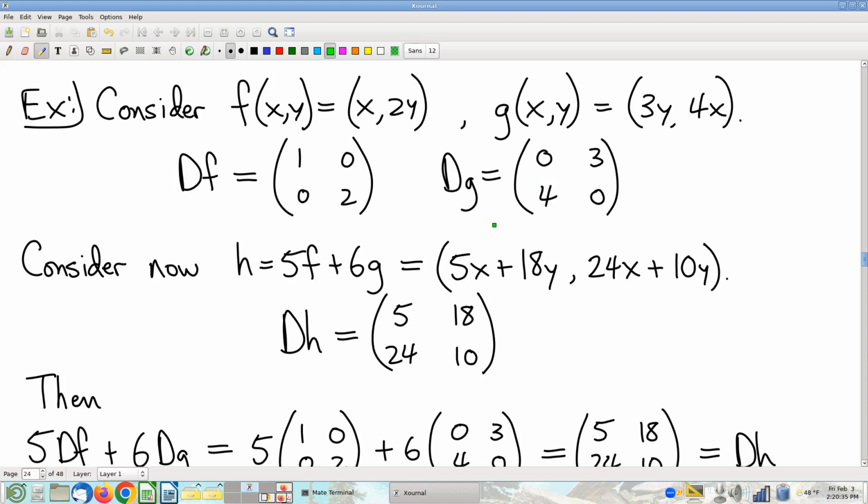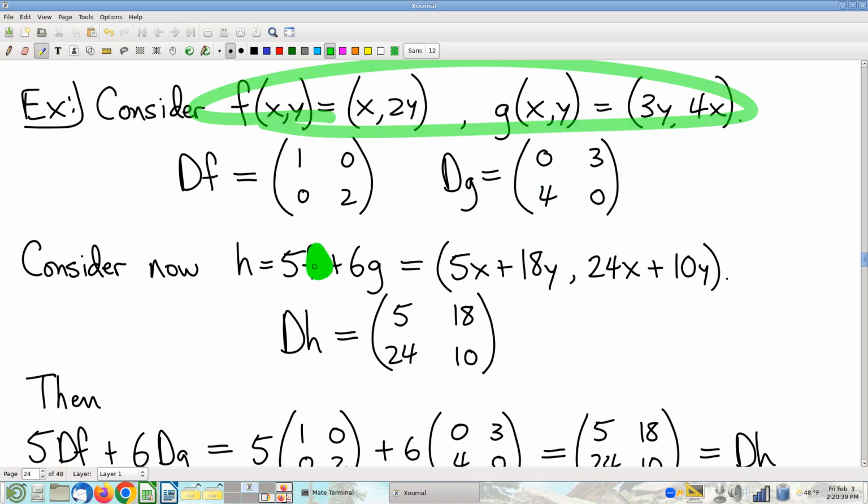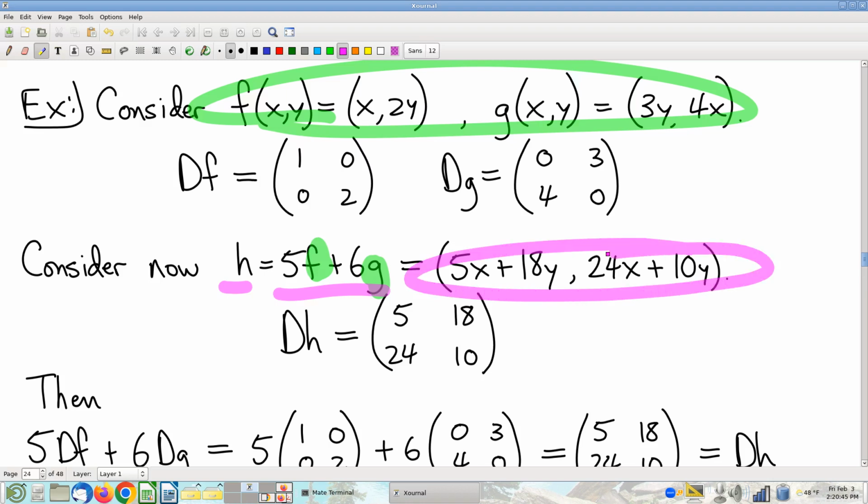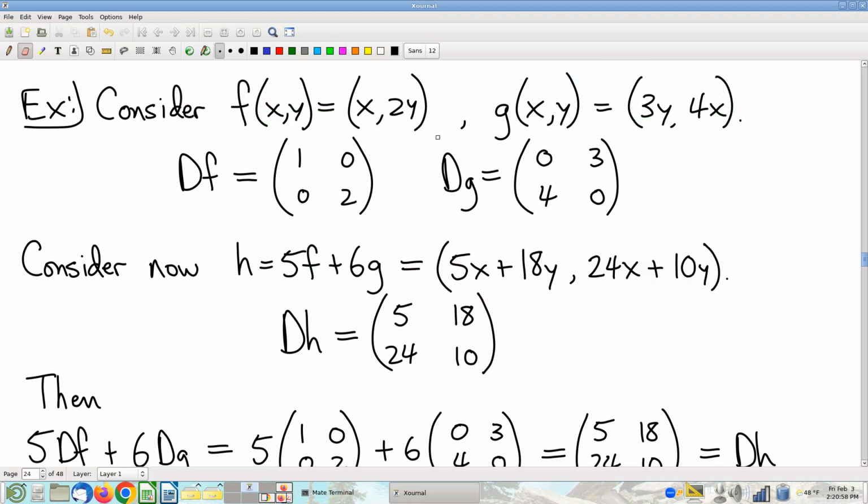Okay, so I've taken their derivatives, but now let's look at a linear combination of these functions, right? So here I've got f and g, and if I take this linear combination of those functions, I get a new function h, which y'all can multiply out. It's just a matter of multiplying the first one by 5, the second one by 6, and adding them up, and you get this function right here. So now I've got a couple of things I can compute.